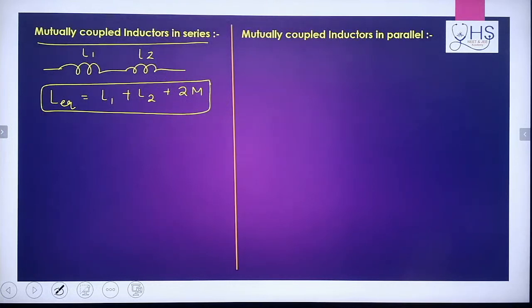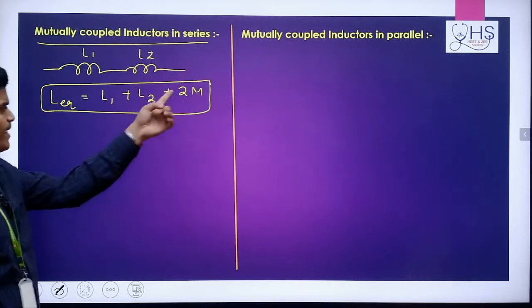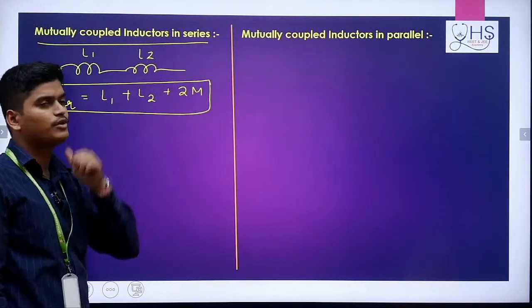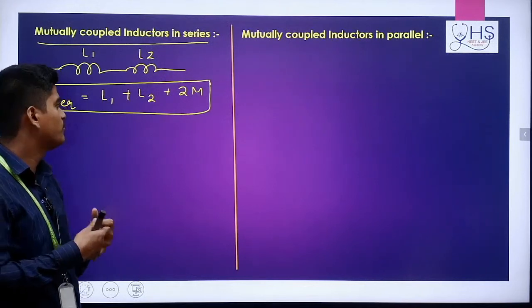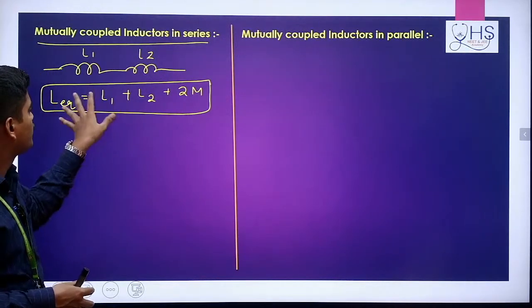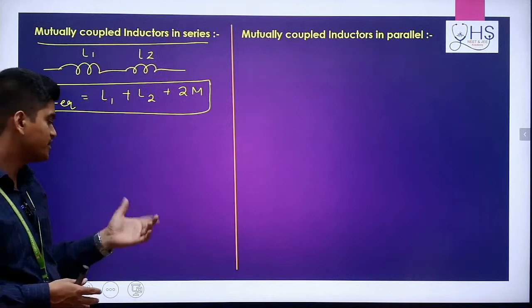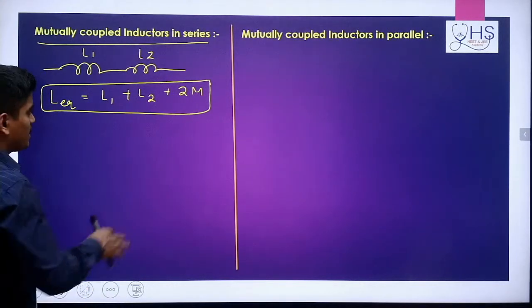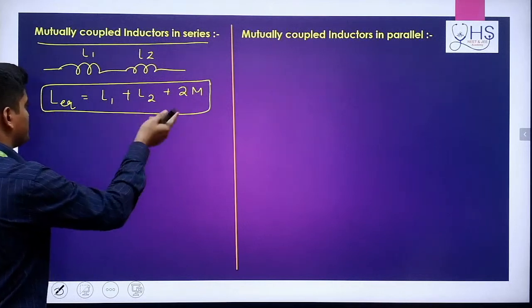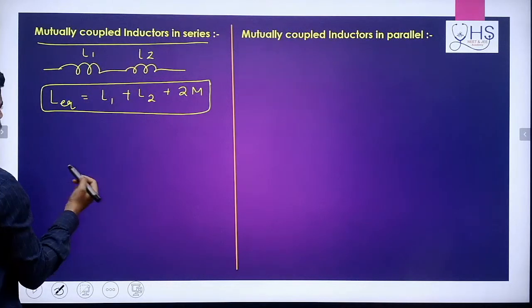And if K equal to 0, then M will become 0, then L equivalent will become L1 plus L2, that means if it is magnetically separated. If not like that, then you have to keep this. M is the mutual inductance between the two coils.